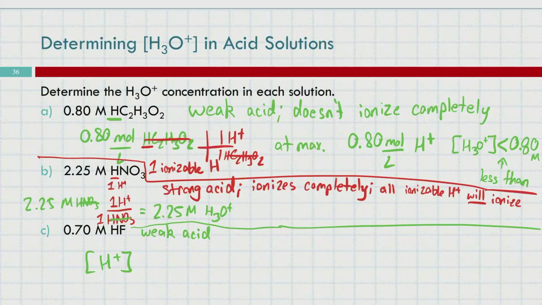If it ionized completely, it would be this 0.70 molar since it's got 1 ionizable hydrogen. It's not a strong acid, so it's going to be less than that amount. So less than 0.70 molar. Questions about any of those?